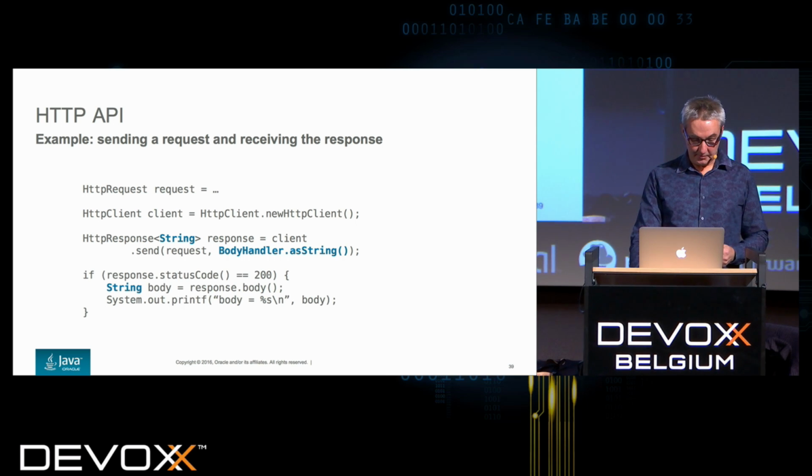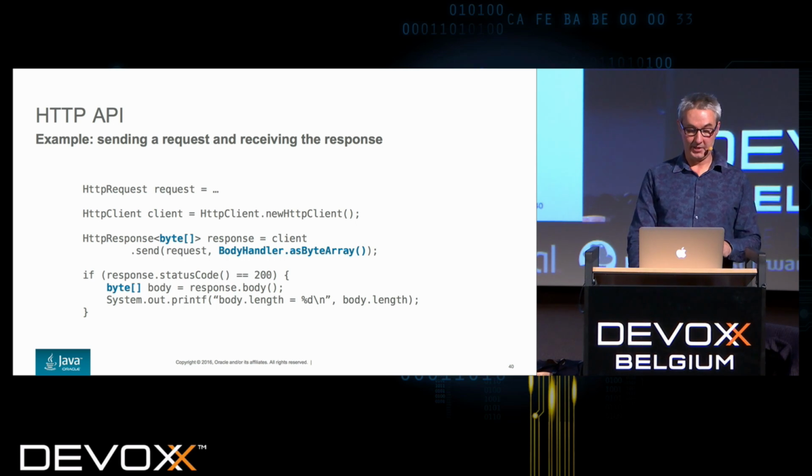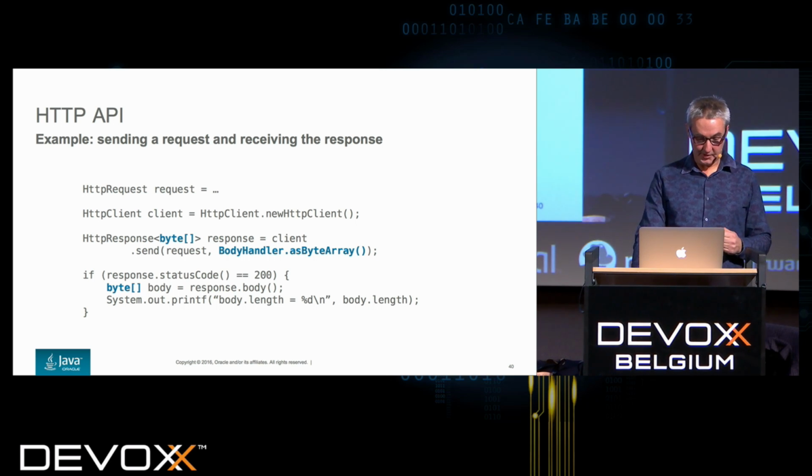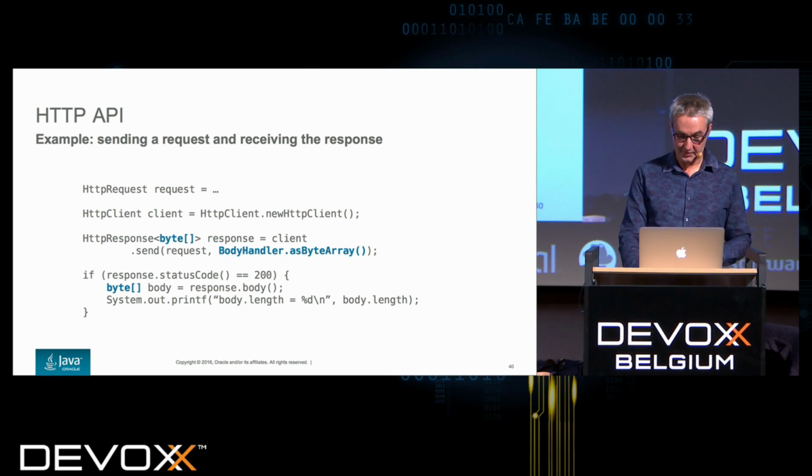So with that, you can query the status code, and if the status code was 200, then you call response.body, and what you get back is a string. But of course, it doesn't just have to be a string; it can be any type, such as byte array. So if you had specified a body handler as byte array, then HttpResponse would be parameterized with a byte array type, and then response.body itself would return a byte array. And we'll see the complete list of standard body handlers that are provided in the API, and then how to implement your own if that's what you want to do.